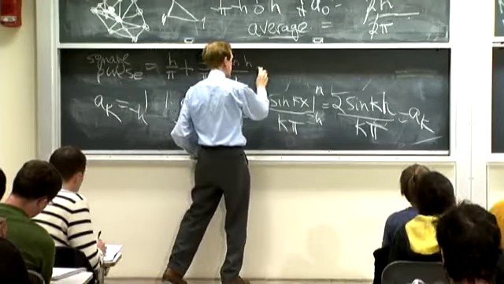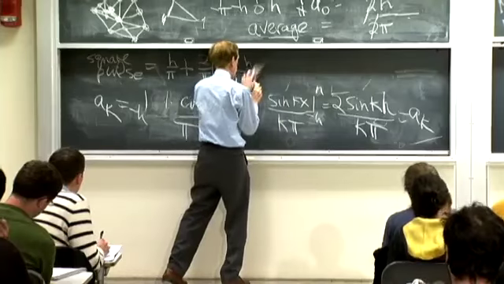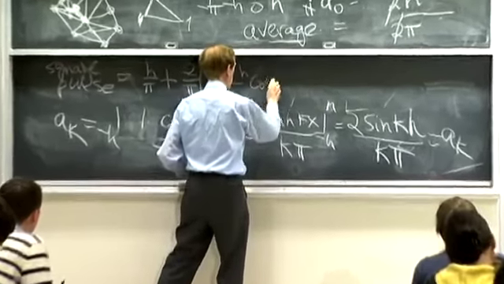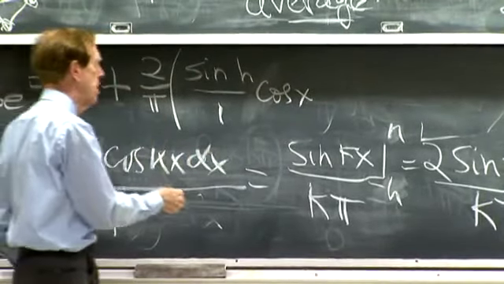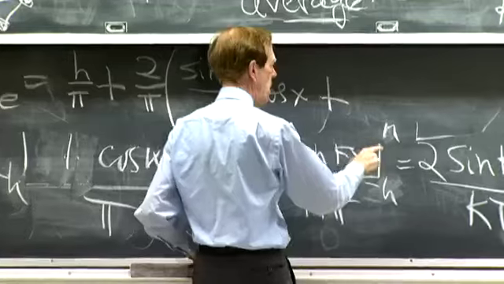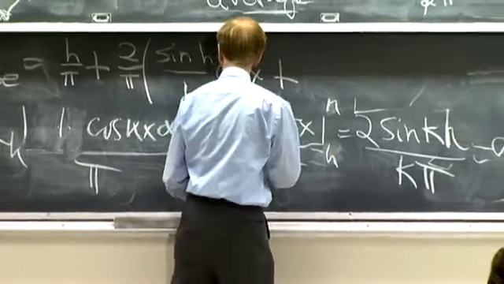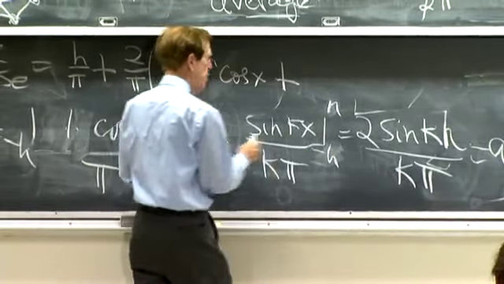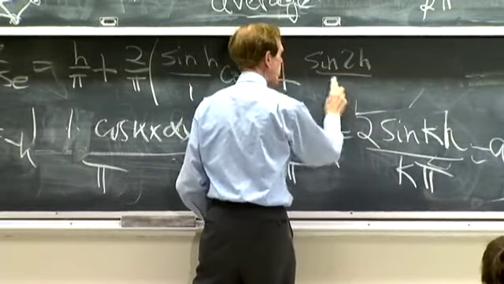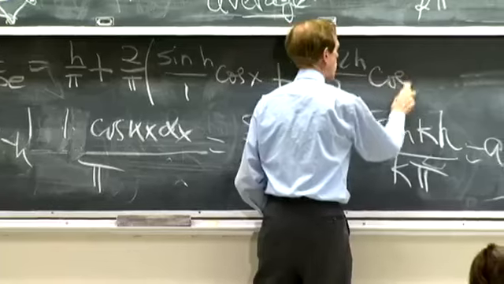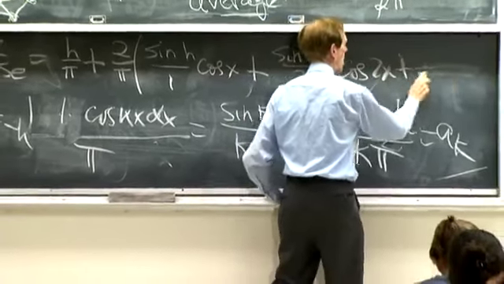That's the coefficient of cosine x, right? A1 was the coefficient of cosine 1x. And then A2 is the coefficient of cosine 2x. So that'll be sine 2h. K is 2, so I have a 2 down here, cosine 2x, and so on.